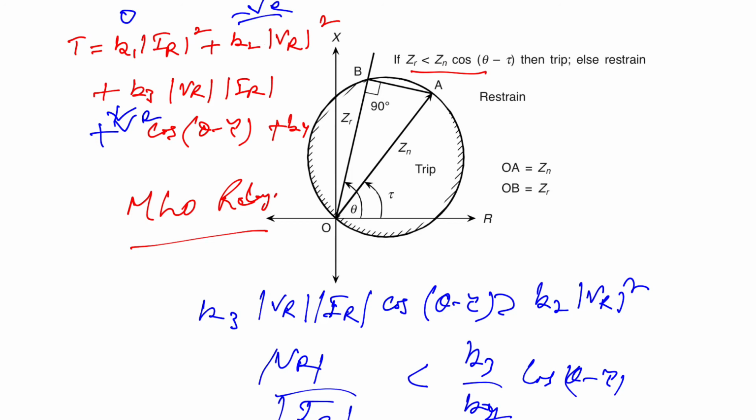In this case, OA is Zn and OB is equal to ZR. So the characteristic is like that. It means that the area covered by it is very small.